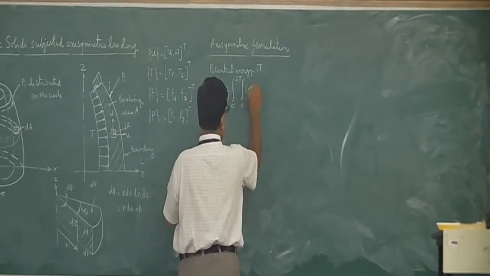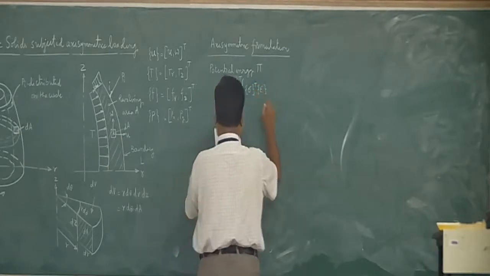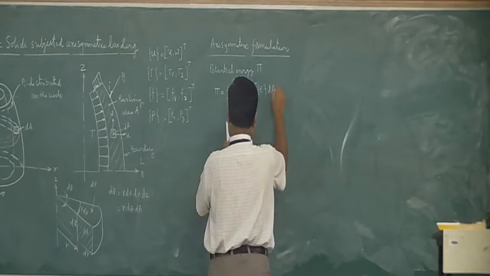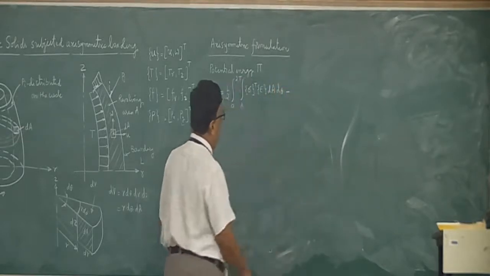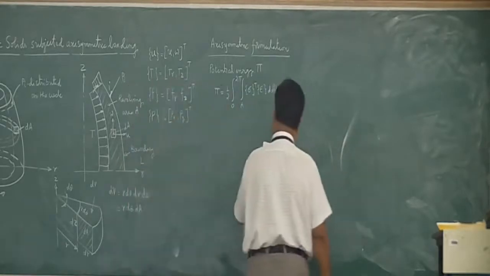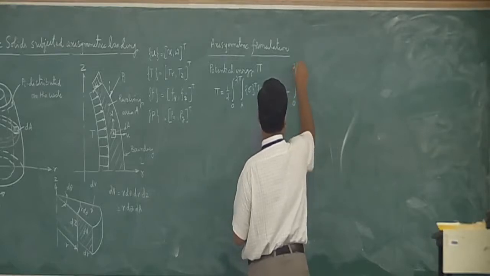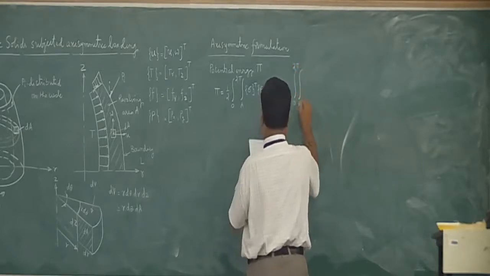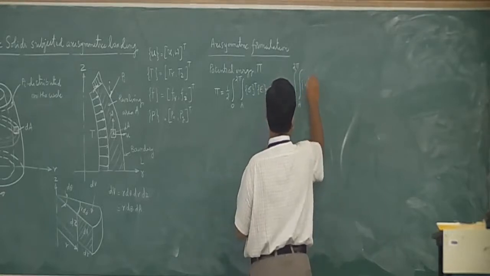The strain energy is going to be this one into dA into d theta, minus. That is the expression for the strain energy. Now we will go for the force vectors. All these will definitely come into 0 to 2 pi, and this, again over the volume, will be converted into your area.